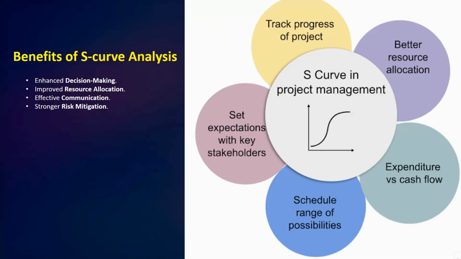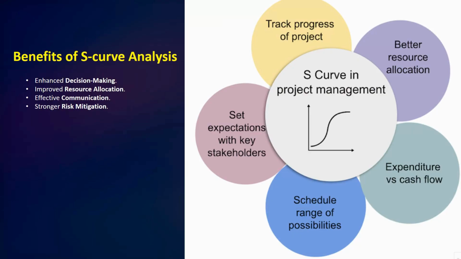Okay, so now let's talk about the benefits of using S curves in project management. First, enhanced decision making, because managers have reliable performance data. Second, improved resource allocation, by identifying when resources are needed most.